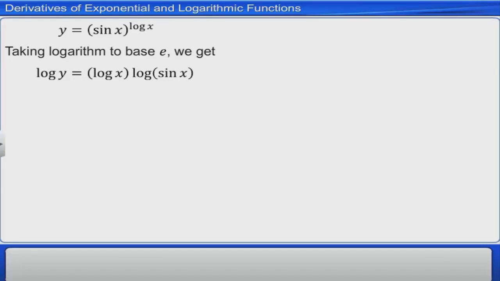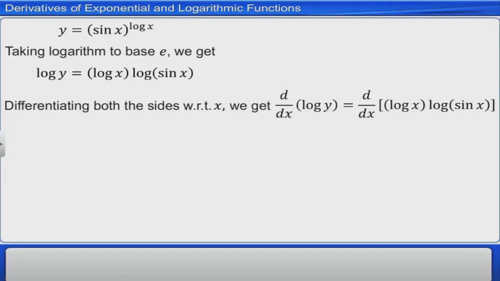Next, differentiate both the sides with respect to x. This gives d by dx of log y is equal to d by dx of log x into log of sin x. By applying the chain rule, the derivative of log y with respect to x is 1 divided by y into dy by dx.